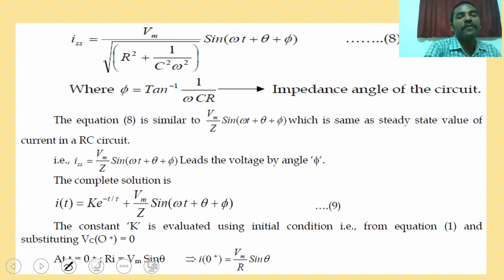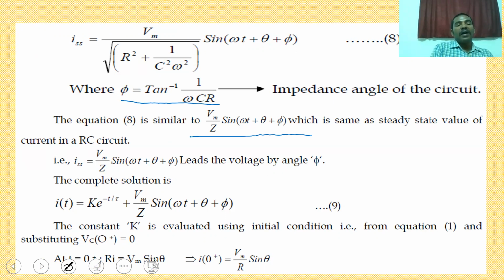What is phi? Phi is tan inverse of 1 by C omega R. And root of R square plus 1 by C square omega square is the magnitude of Z only. So finally the current is Vm by Z sin omega t plus theta plus phi. So that is your steady state current value.